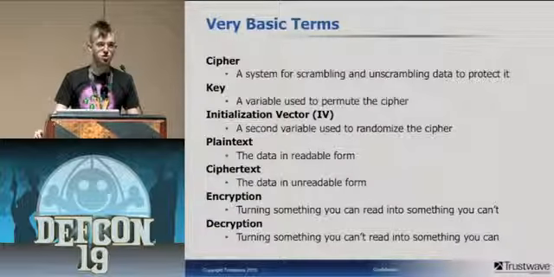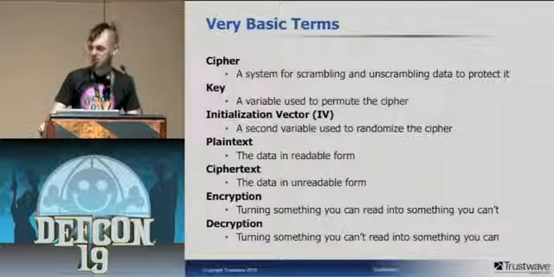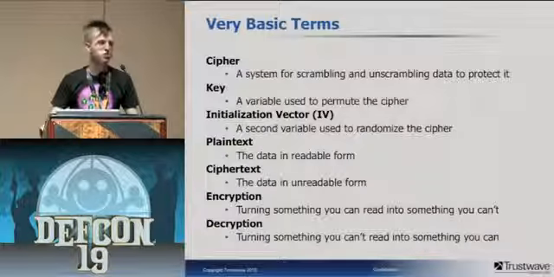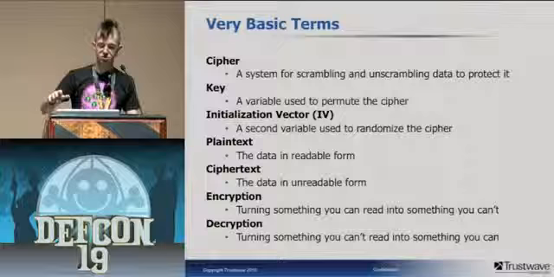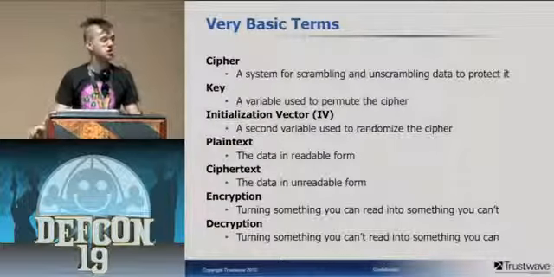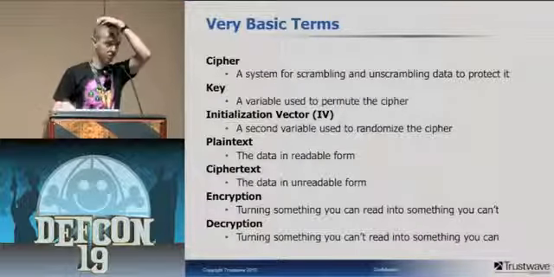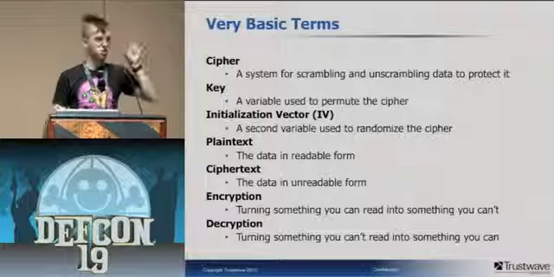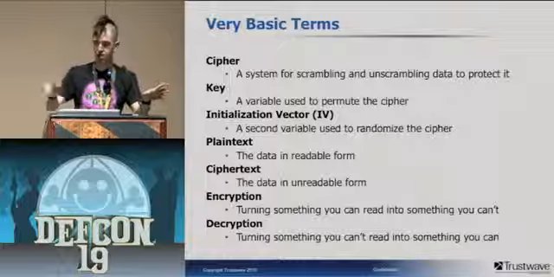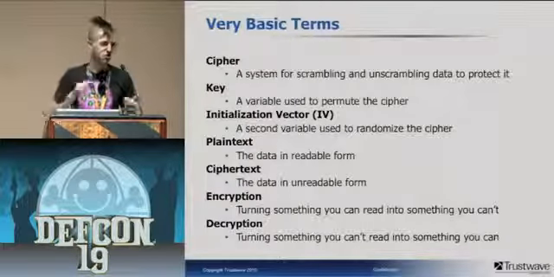The idea is almost a second key, which doesn't necessarily need to be private, although in a lot of cases it should be. The point of the initialization vector is that when you encrypt the same thing with the same key, you can change the initialization vector and the ciphertext won't look the same. Plaintext and ciphertext are the unencrypted and encrypted versions of the message, the human readable and unreadable. Encryption and decryption are turning plaintext to ciphertext and vice versa.